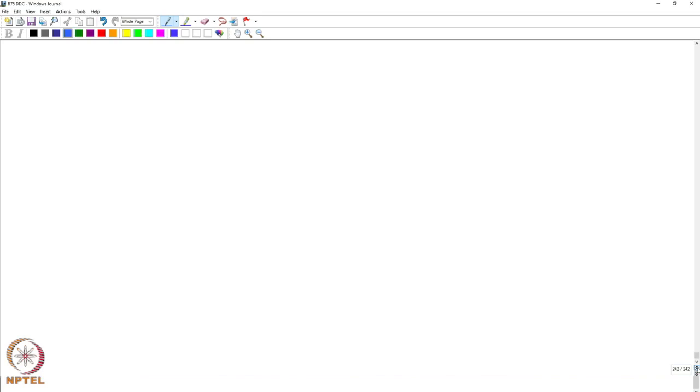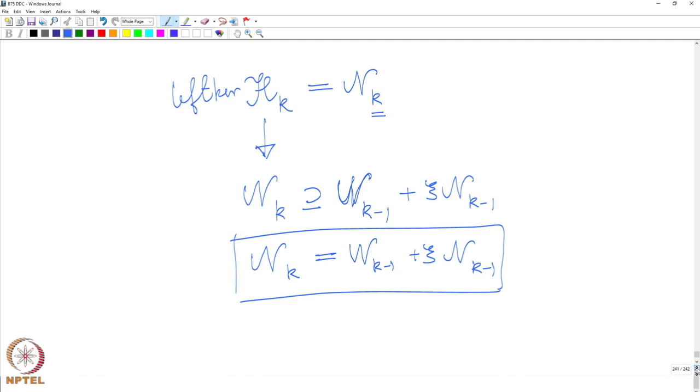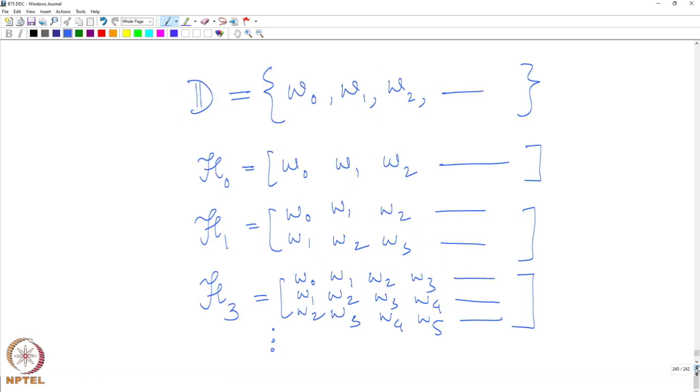Now, as I mentioned in the last lecture also, there is something little uncomfortable about this analysis, and that is with this data. I am assuming here that the data is an infinite time series.